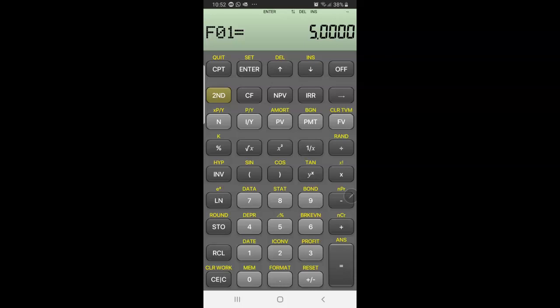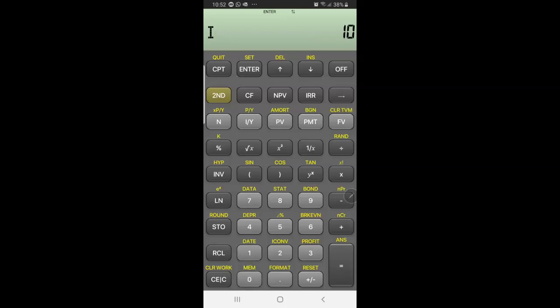After that, let's enter the discount rate. How much is the discount rate for the NPV? We want to know the NPV, so the moment I press NPV, it asks me the discount rate. How much is my discount rate? We said let's assume it as 10%.